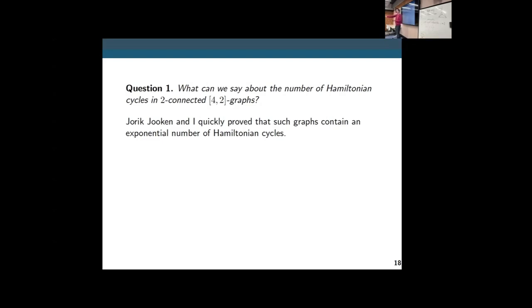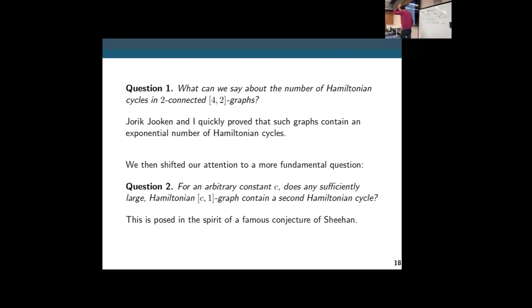Not just the original one you have, but also a second. And I thought it would be 8 vertices. Turned out that it's 9. But then you have 2, and then you get 2 to the power n over 9. Very, very easy stuff. That's not really so interesting to publish.